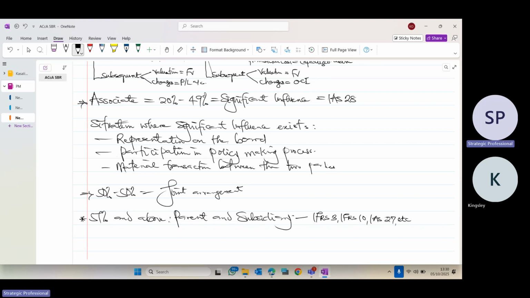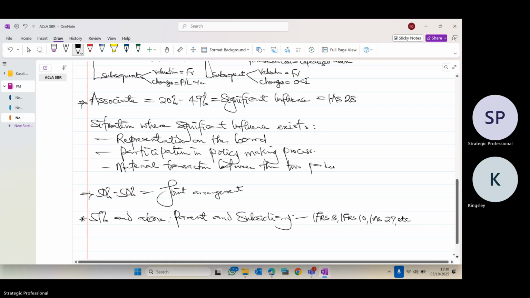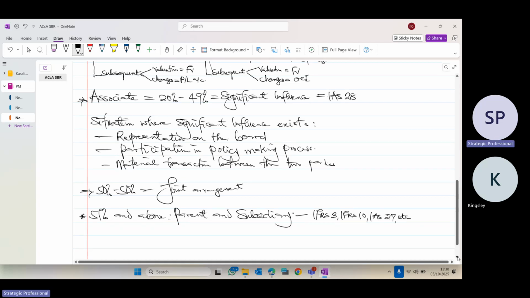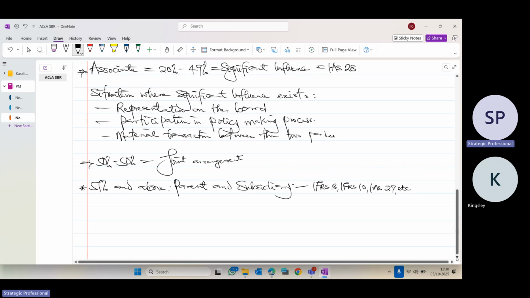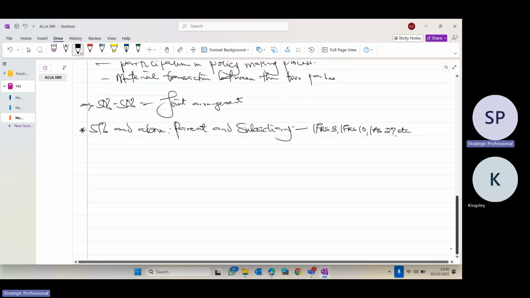Before we now talk on the subsidiary in detail, how do we know that business combination actually occurs? And is a transaction actually a business combination? The answer is no, because in answering the ACCA question, we need to understand the root.